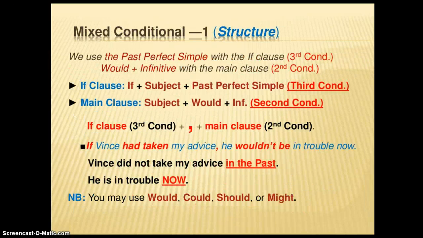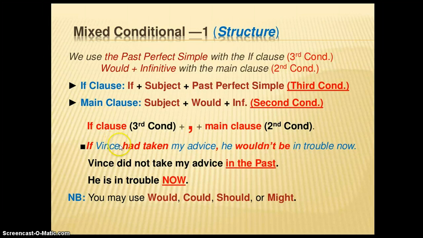As for the mixed conditionals, we will just have a look at two types, the most important or the most common structures. The first one contains the if clause followed by a past perfect simple, followed by the main clause that contains a conditional simple. That's a mixture of the third conditional sentence and the second conditional sentence. Let's have a look at the example.